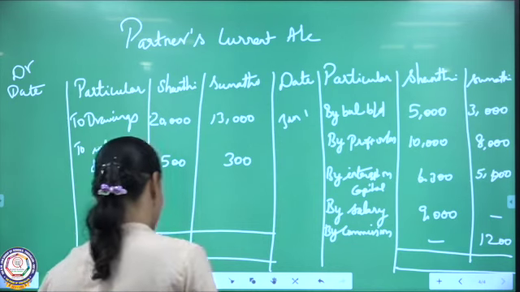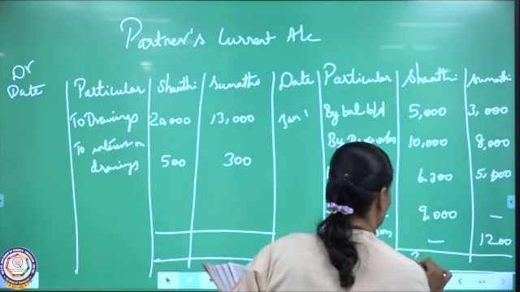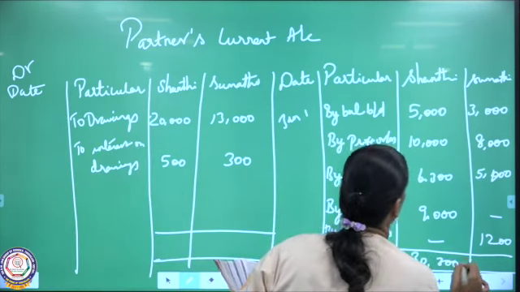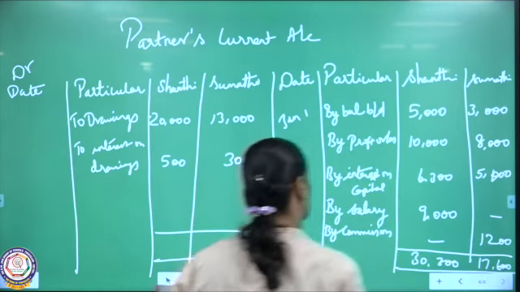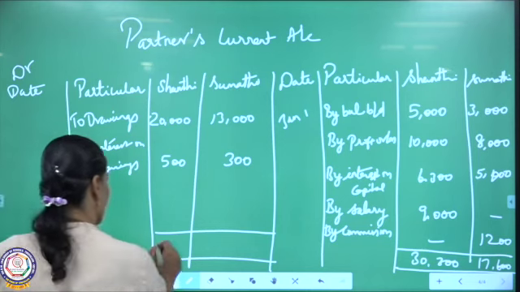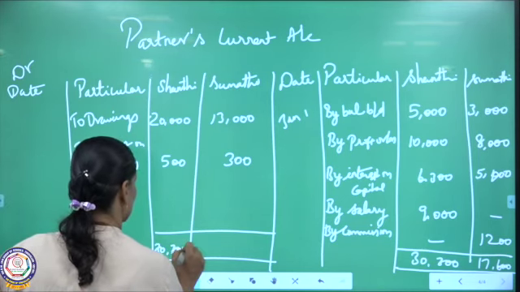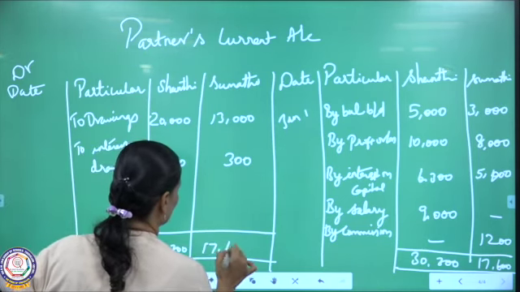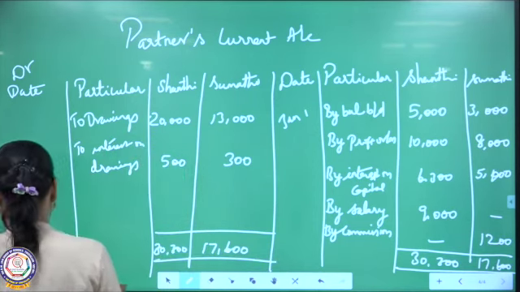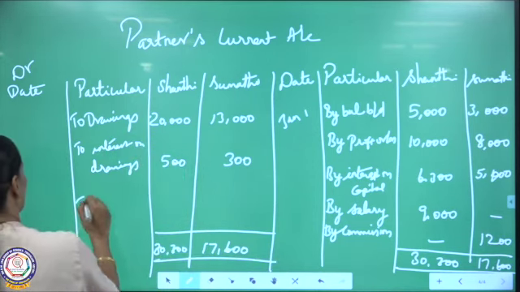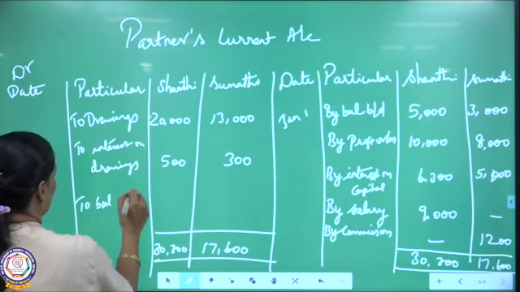Okay, 30,300 and then 17,600. We have to subtract this amount from this amount. We will be getting the balance carried down.